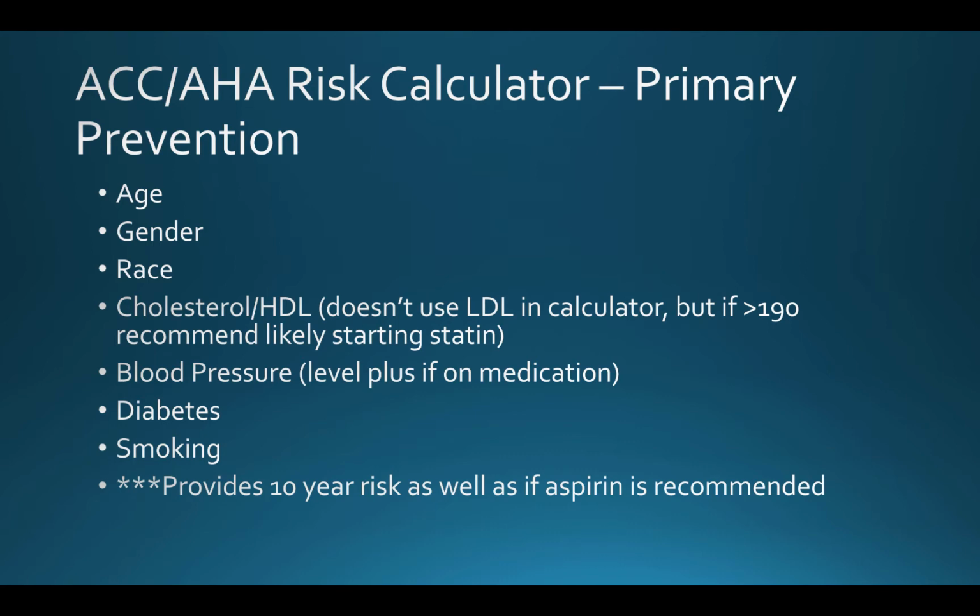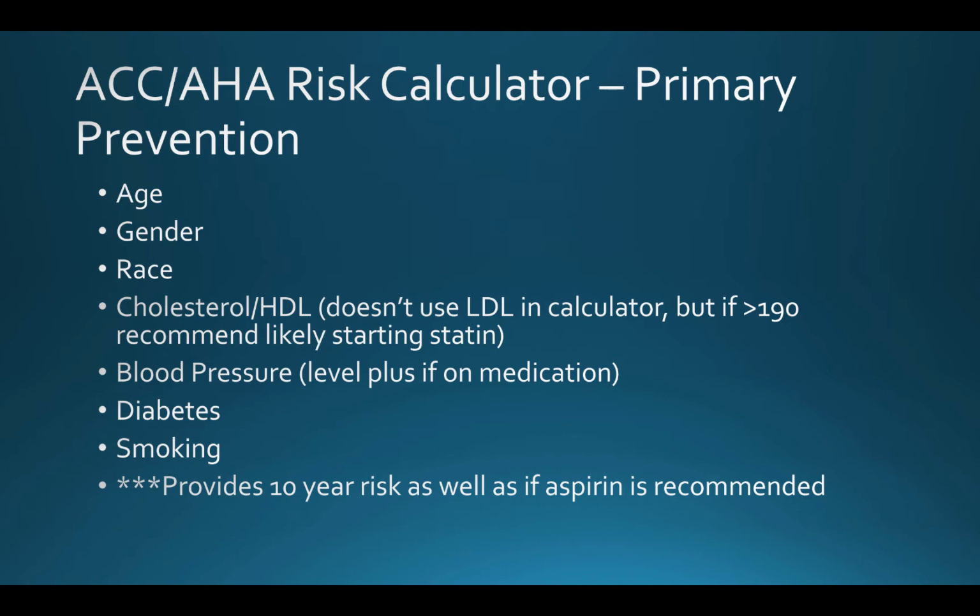I would, and I've got a link coming up here, I would check out the risk calculator for primary prevention. I think it's nice to plug and play with some numbers: gender, race, cholesterol levels, blood pressure, diabetes, smoking. One of the eye-openers for me is always smoking.